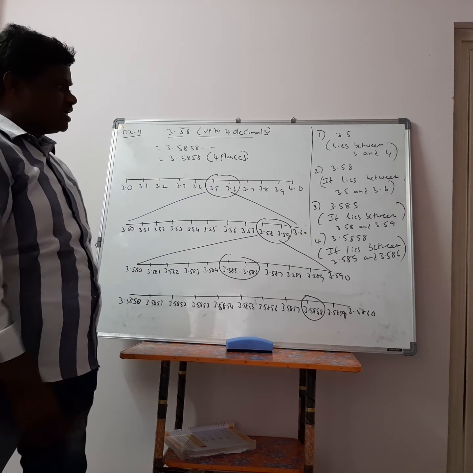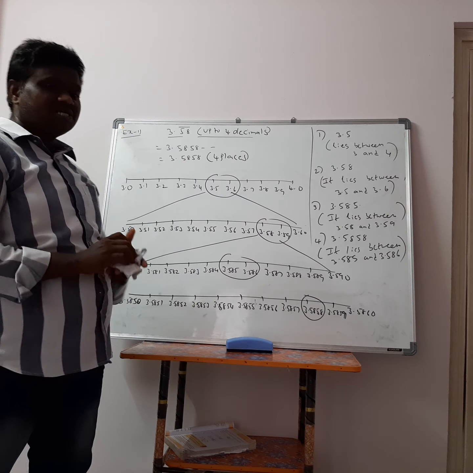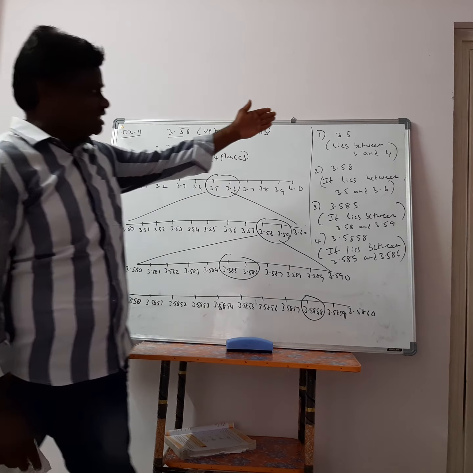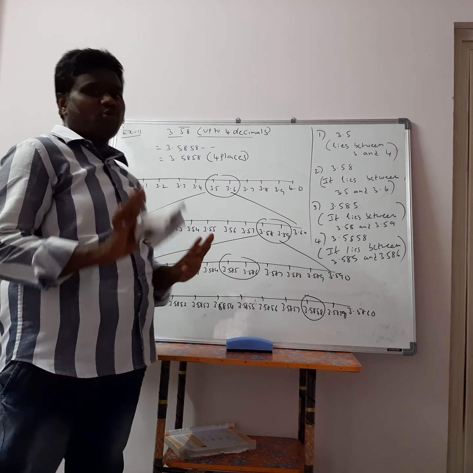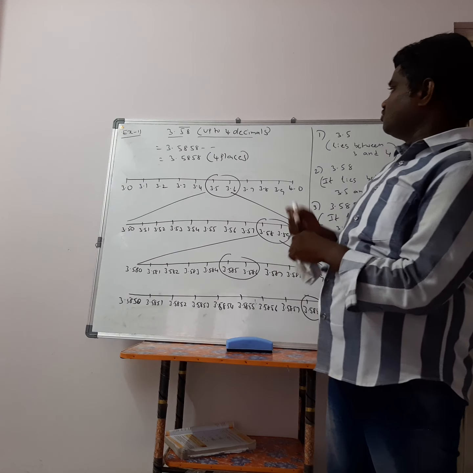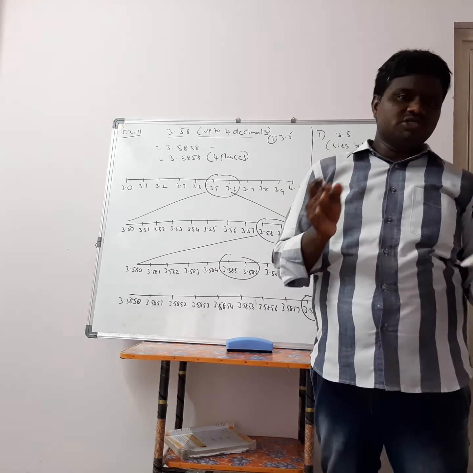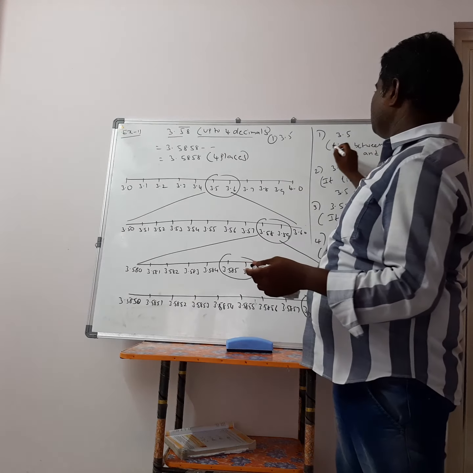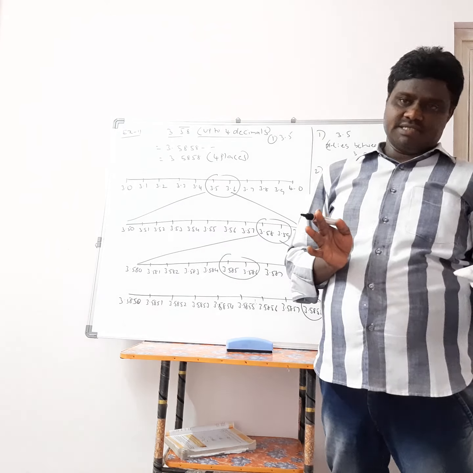Children, I think everybody understands this problem. By seeing the question only, you write this algorithm first. Then you understand. What is the first one? 3.5. It lies between 3 and 4. First step completed.